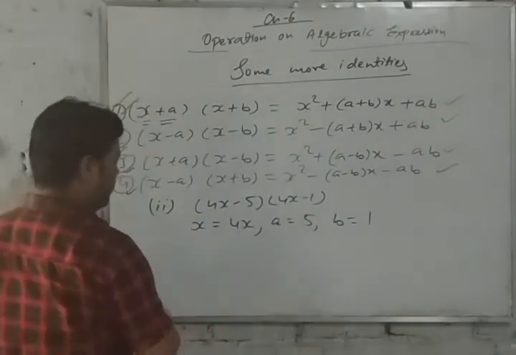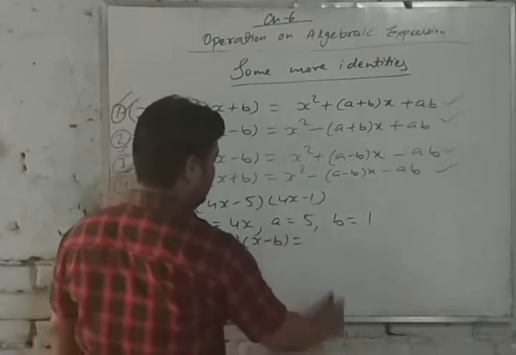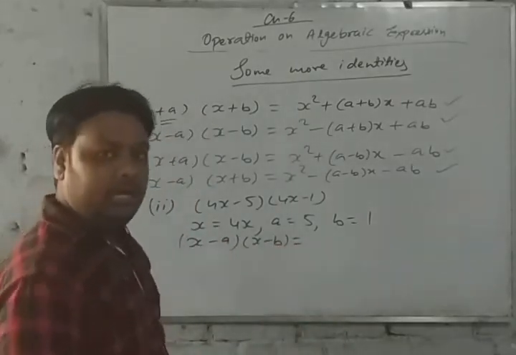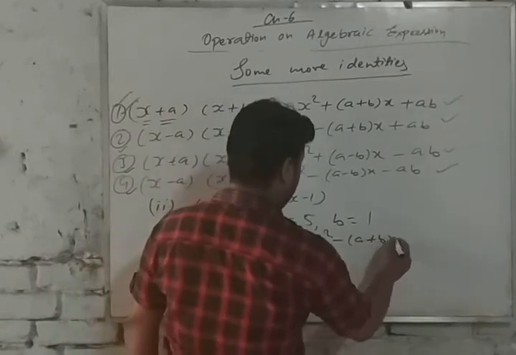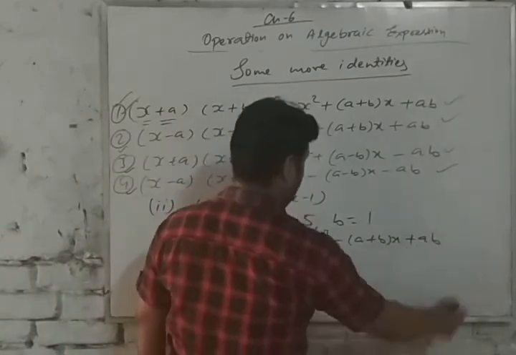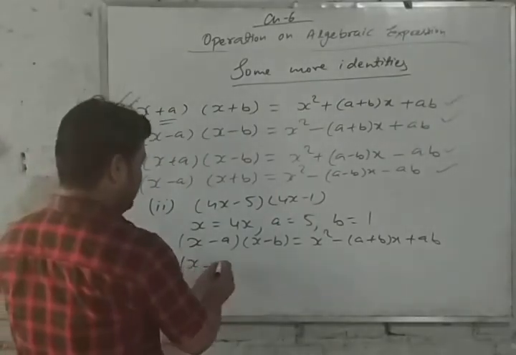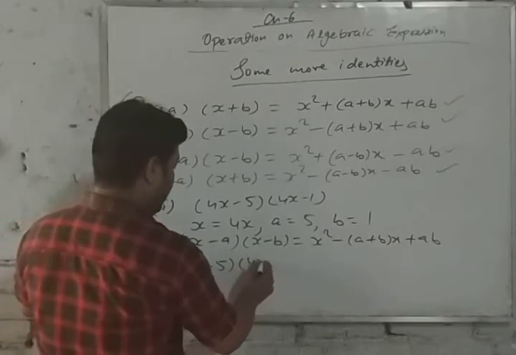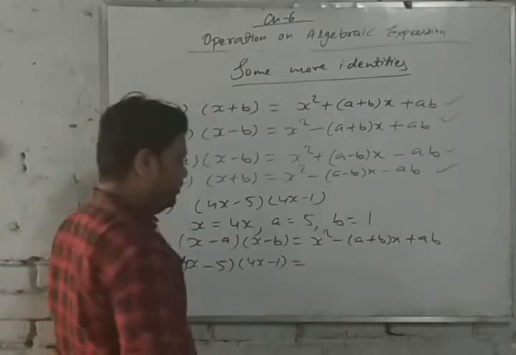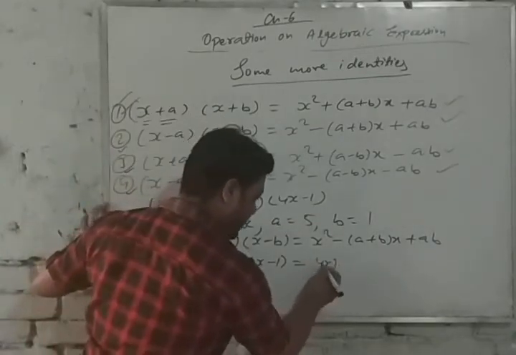Okay, so let's solve this. At first note down the formula. x minus a into x minus b is equal to x square minus a plus b into x plus ab. Now put the value. At first here we will write 4x minus 5 and 4x minus 1 is equal to, now here x square, that is, we will write 4x in bracket then square.